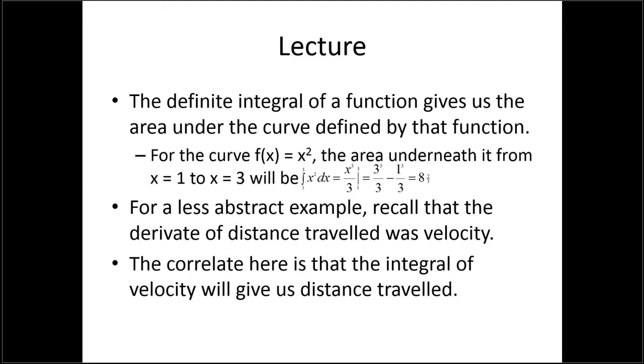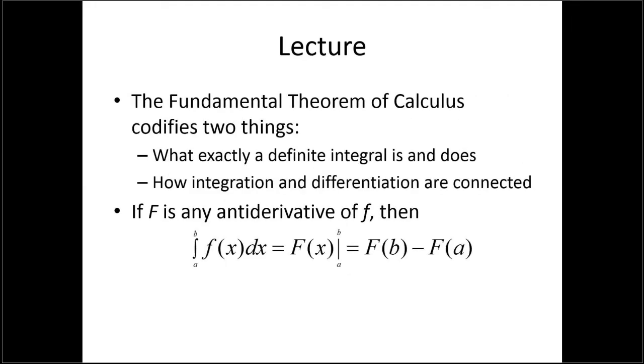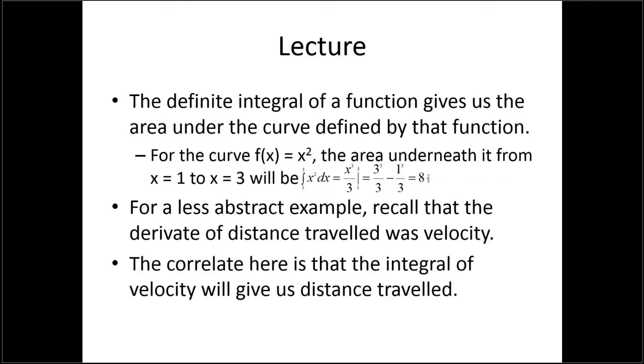Okay, so let's go to a slightly less abstract example. Remember that the derivative of distance was velocity. So the correlate here is that the integral of velocity will give us distance. If you remember before, I believe the distance traveled was s of t equals 100t minus 16t squared, and we said that s prime of t is 100 minus 32t.